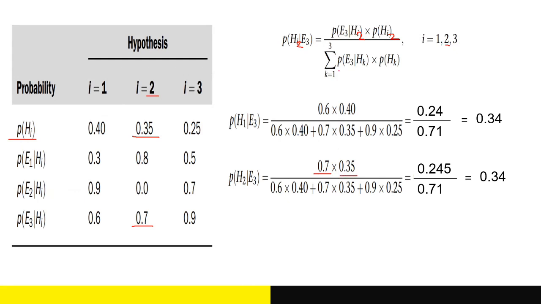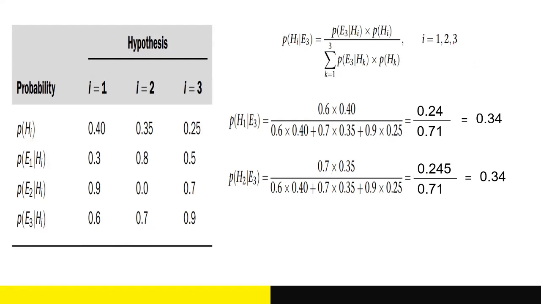Since it is the same process as earlier, we will just copy. If we multiply 0.7 by 0.35, their product is 0.245. 0.245 divided by 0.71 shows that the probability of hypothesis 2 given evidence 3 is equal to 0.34.